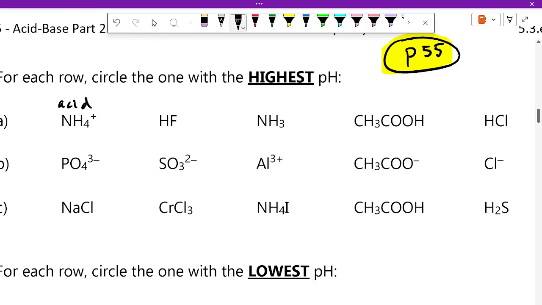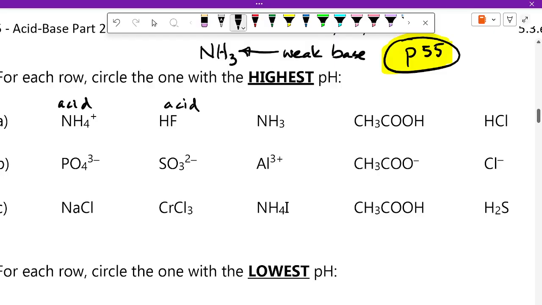How about HF? HF is an acid. NH3. You guys should know this by this time. NH3 is one of the most common substances. It's used all the time. It is a weak base.